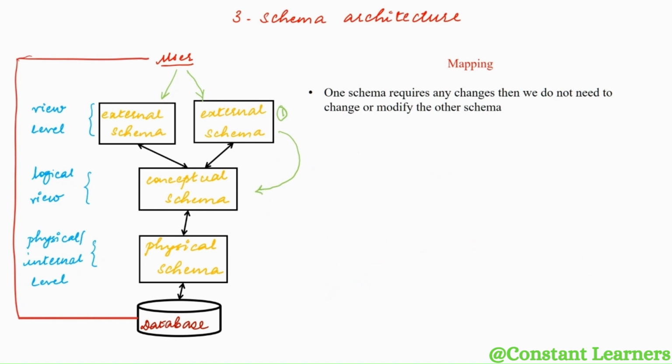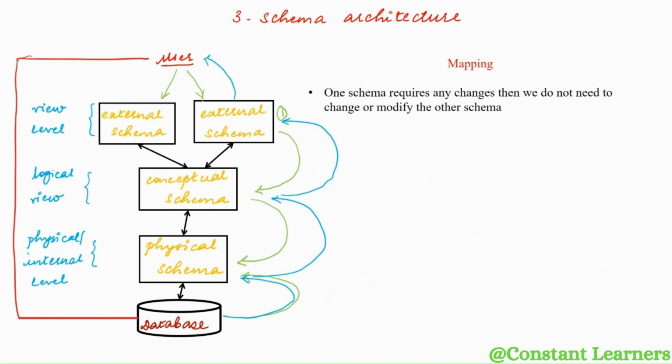And finally, the request goes from the conceptual schema to the physical schema, and from there the data is extracted and returned to the user. The data is also returned in the exact same manner: from the database, the data first goes to the physical schema, from the physical schema to the conceptual schema, and from the conceptual schema to the external schema. Finally, the data is made available to the user.